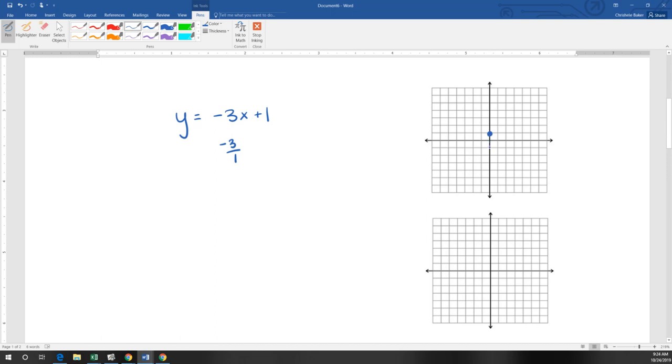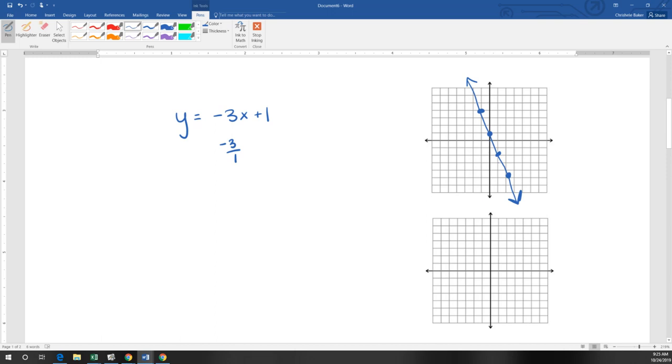So that means down 3, right 1, down 1, 2, 3, right 1. I can also go up and left, 1, 2, 3, left 1. And again, I'm going to connect that with a nice line with arrows on the end.